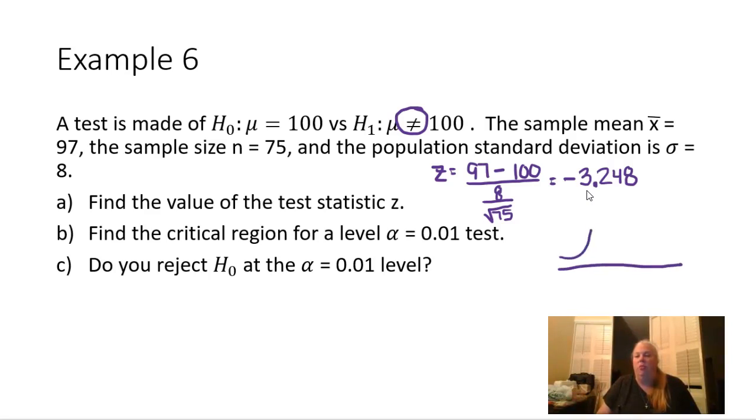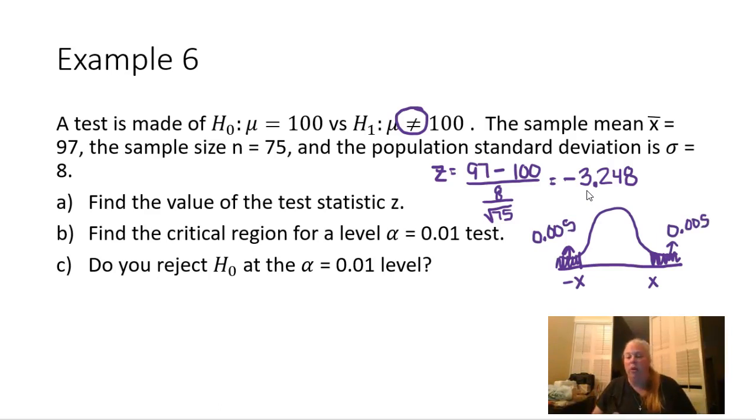If we sketch in our normal curve, we need to know this value here and this value here, so that these two shaded areas add together and give me 0.01. That means part of the area over here is going to be 0.005, and then the other part of the area over here is going to be 0.005, and we know they're the same because our normal curve is symmetric.